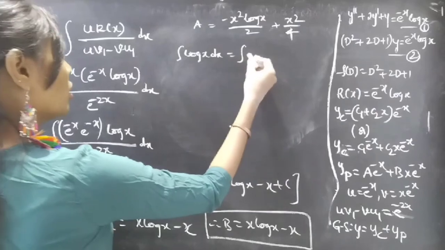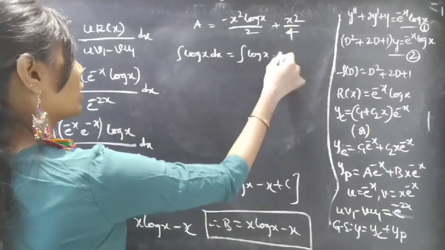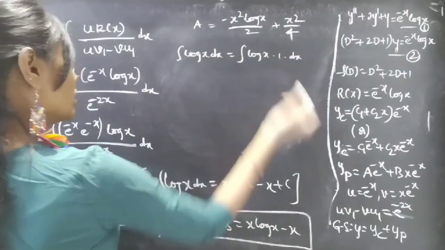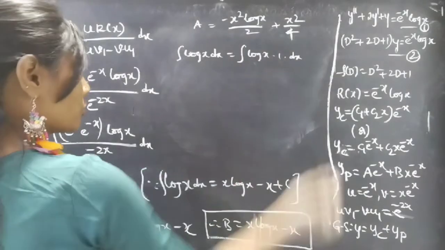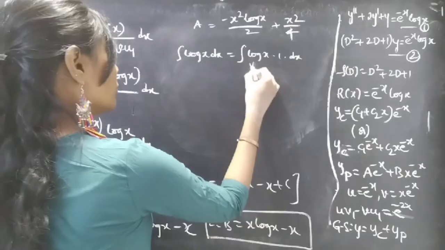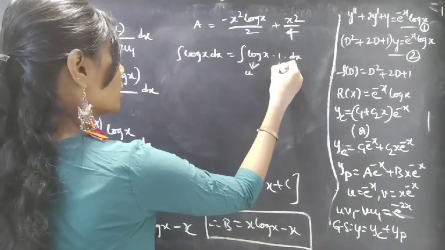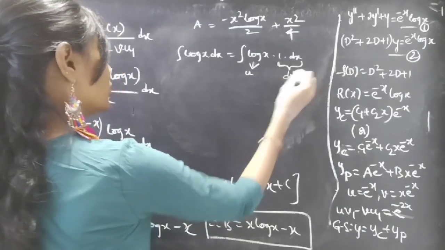We can write log x dx as log x into 1 into dx. So the integrand is a product of a logarithmic function and a constant polynomial function, right? We can consider the logarithmic function as u and the remaining part as dv.